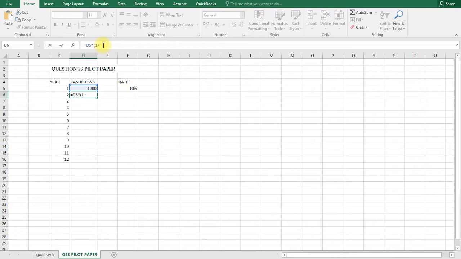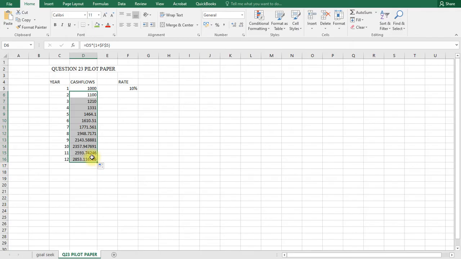And I put enter. The reason for locking is that these are constant, all the others will be growing at that particular rate, and I will autofill that to get my values for the next 11 years.